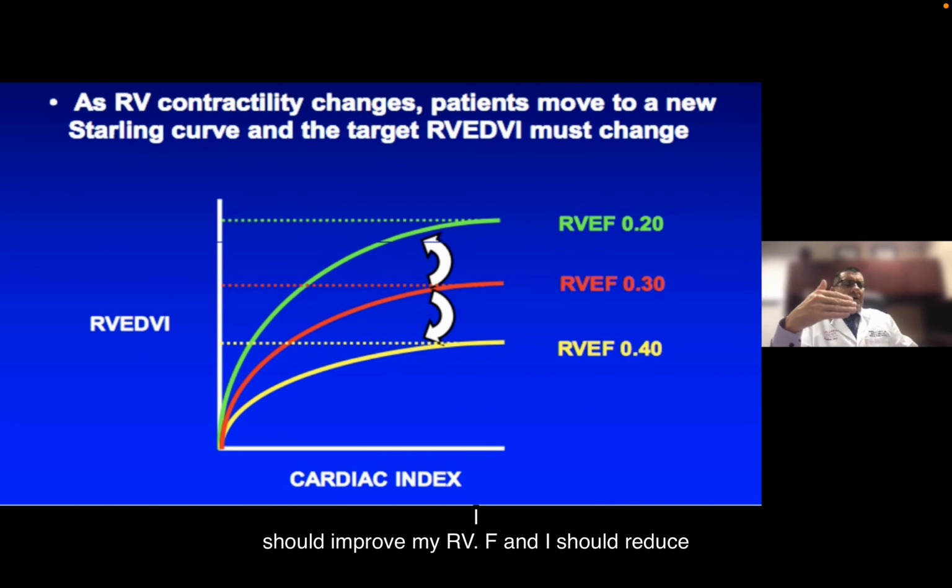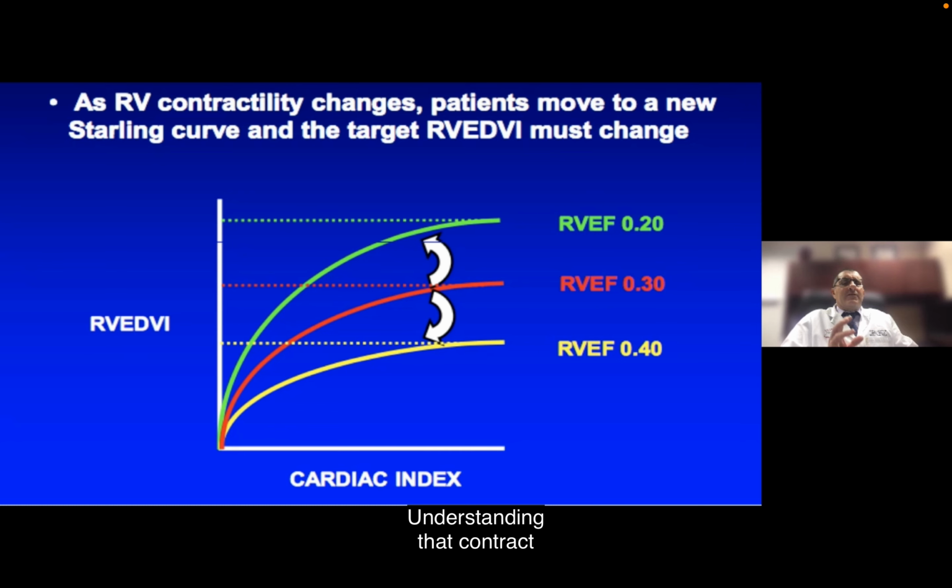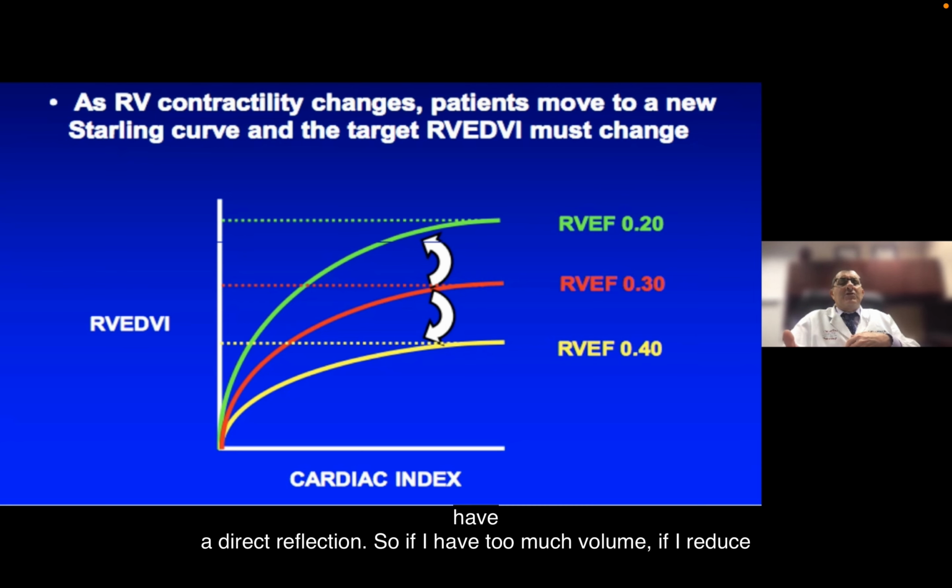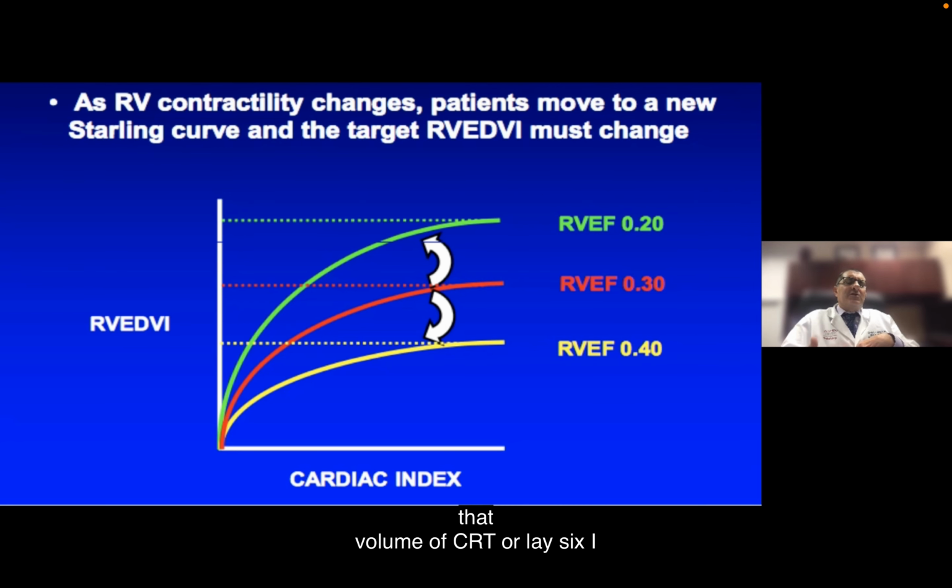Understanding that contractility and volume in the right ventricle have a direct reflection, if I have too much volume and I reduce that volume with CRRT or Lasix, I should improve my ejection fraction. And if I don't, then I might need inotropes in order to do that.